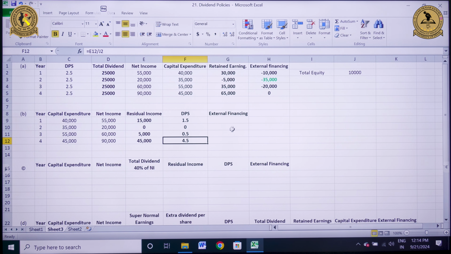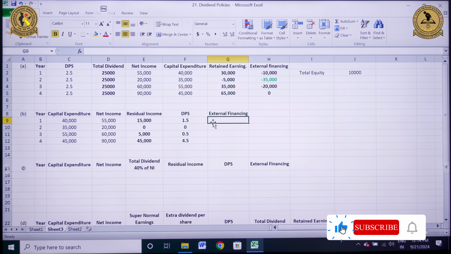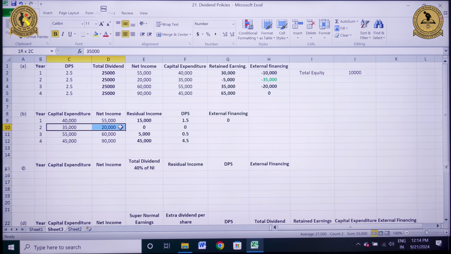Now I need to calculate the external financing requirement by comparing my capital expenditure against the net income. So in year 1, the capital expenditure requirement is 40,000 and the net income is 55,000. So no external financing is required. However, in year 2, the capex requirement is 35,000 and the net income is 20,000.